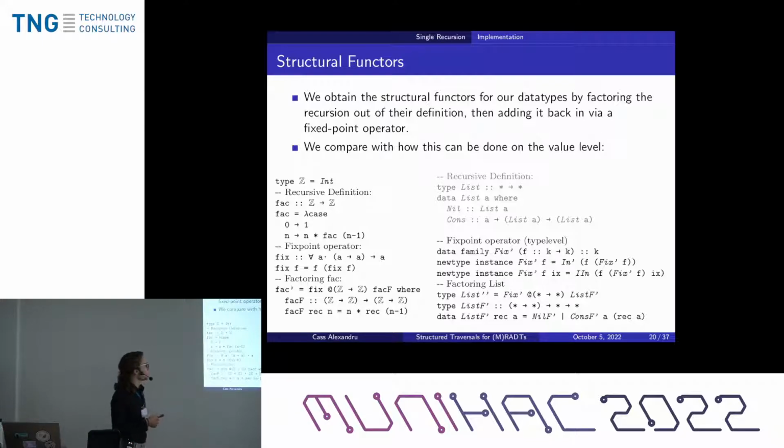If we look at the list data type from earlier, we can see that it looks kind of similar to the term-level recursive function here, where we have a recursive call site.